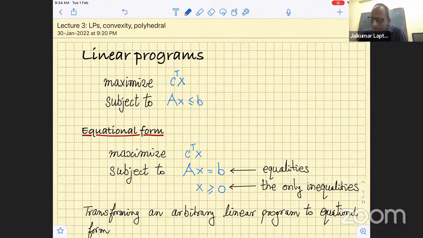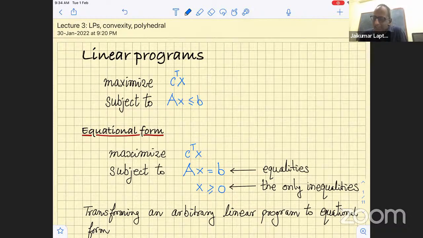I'll tell you what an equational form is, and then how any linear program can be transformed to the equational form. Then we'll study some small geometric properties of the equational form related to notions that you usually associate with convex polyhedra and polytopes, like vertices and things like that.